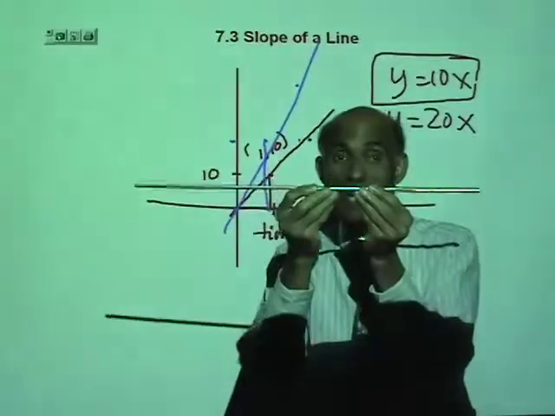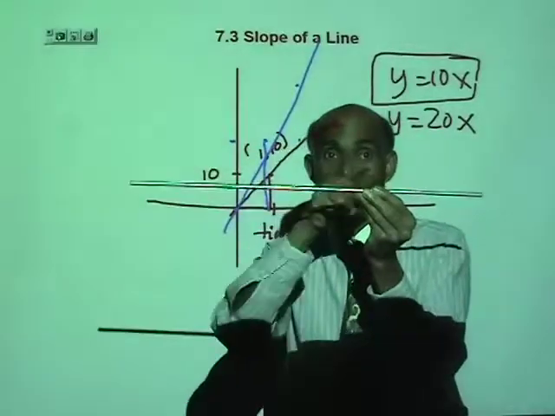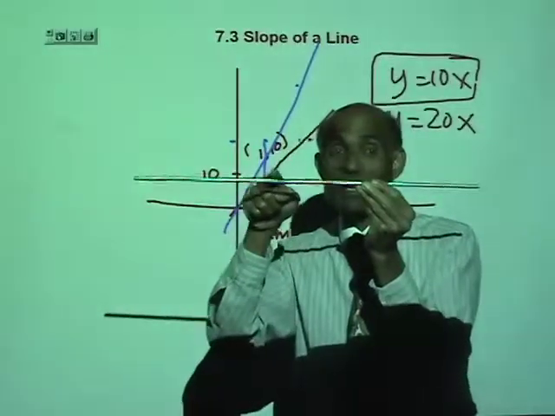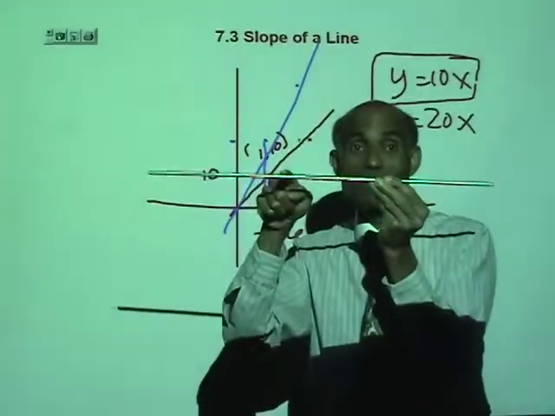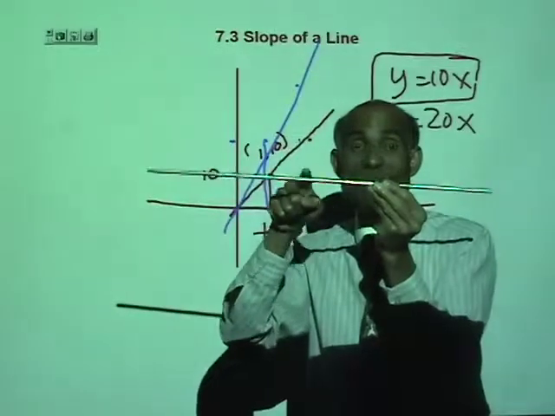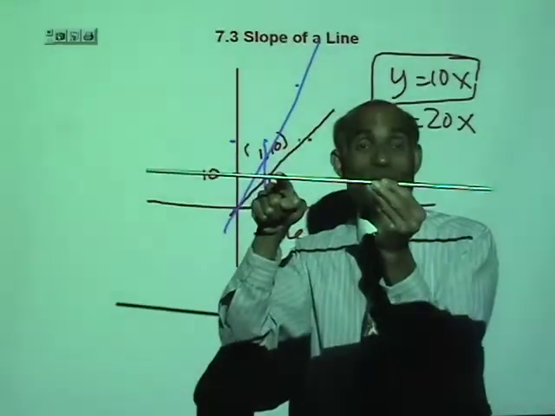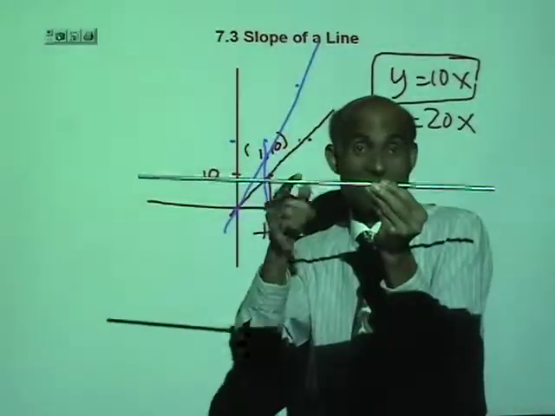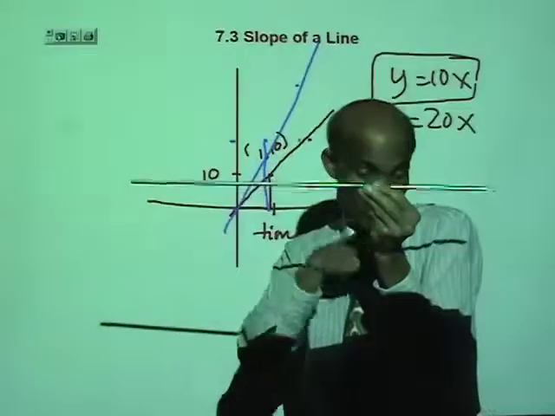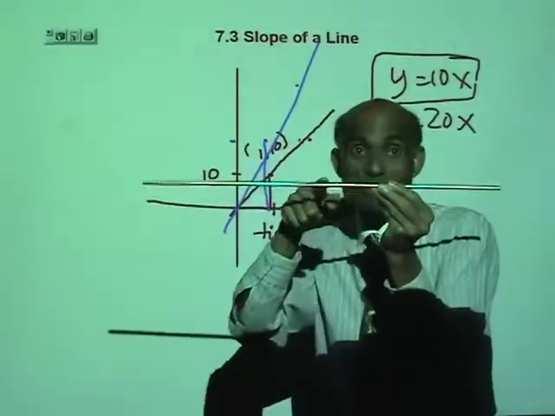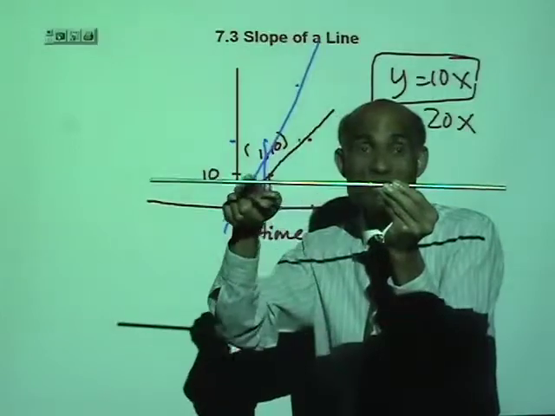If the rate of change is zero, you do not work. How much will the money increase in your pocket after 1 hour? After 1 hour you look in your pocket, there is still nothing. After another hour you look in your pocket, there is still nothing. So the rate of change is zero.